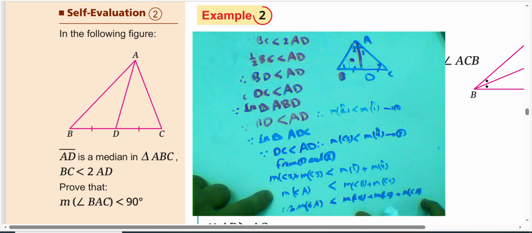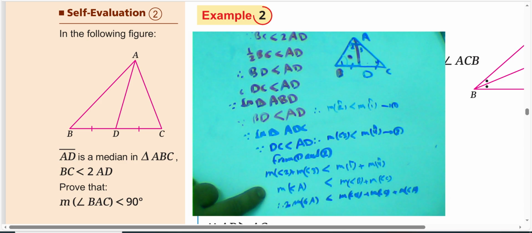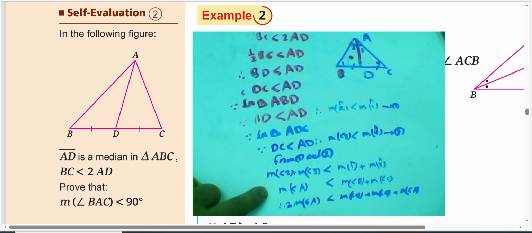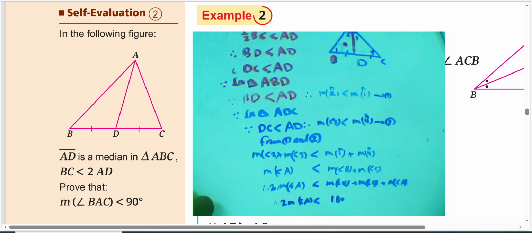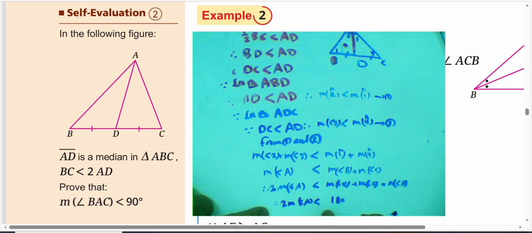Because the sum of interior angles in a triangle equals 180. Then you can write twice the measure of angle A is less than 180. 180 is the summation of any interior angles in a triangle. Understood? Twice angle A is less than 180. We can divide it by 2.